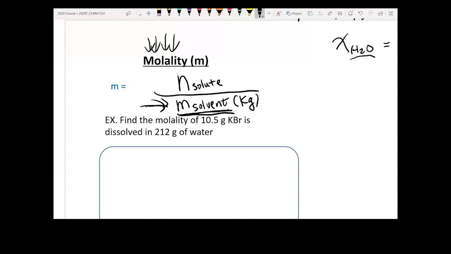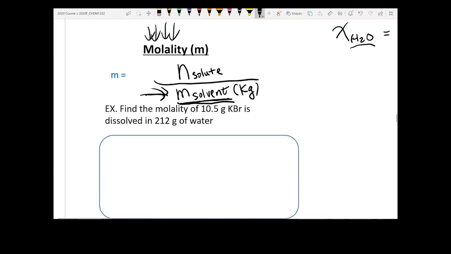Having molality separate from the other four will help you memorize this. This morning I updated the PDF, because if I present it this way, it's easier for you to memorize.